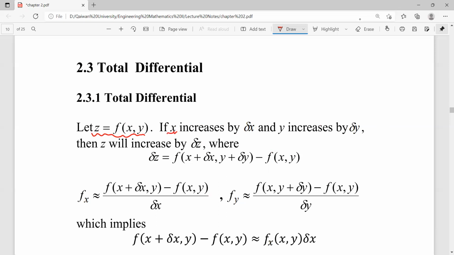If x increases by delta x and y increases by delta y, then z will increase by delta z, and delta z is f of x plus delta x, y plus delta y, minus f of xy. This is the increment of z.